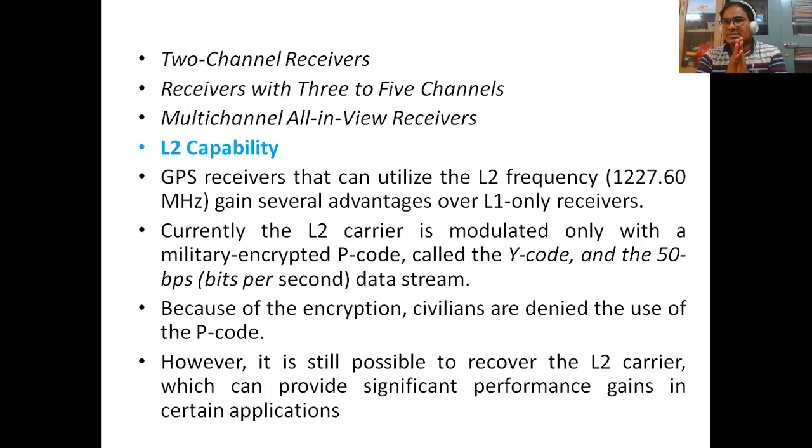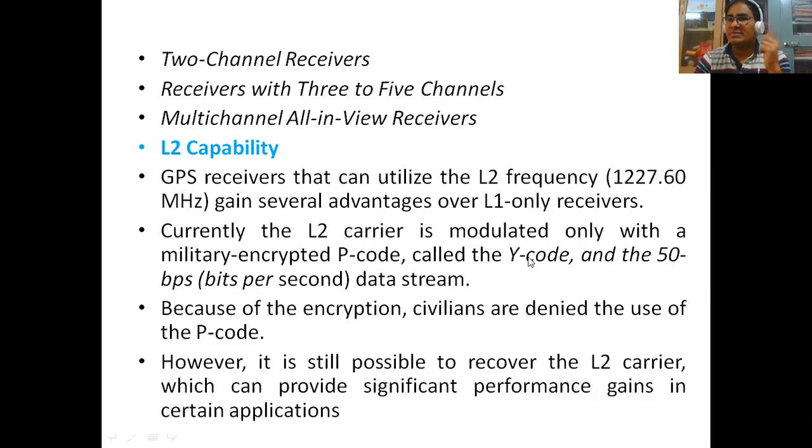So L2 has advantages compared to L1. What are they? Currently the L2 carrier is modulated only with a military encrypted P code, called the Y code, and the 50 bits per second data stream. Of course, it is 50 bits per second always, but here it is modulated with a military encrypted P code.